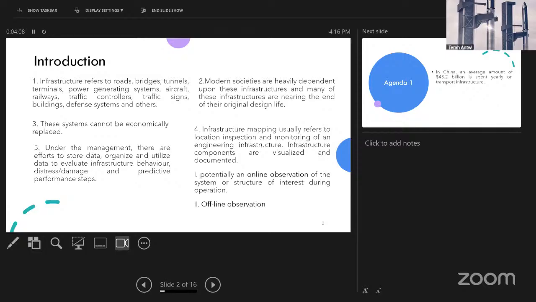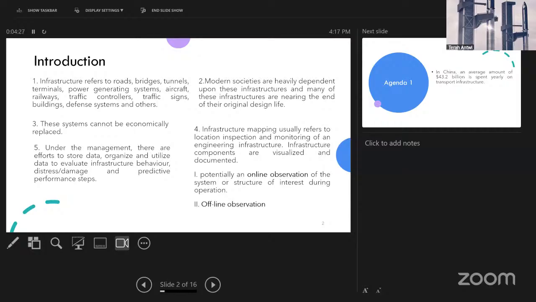Apart from inspection and monitoring, you would also want to visualize what is happening on the infrastructure, and you want to properly document it. This is what happens when it comes to infrastructure mapping. In categories, we have two strong components.